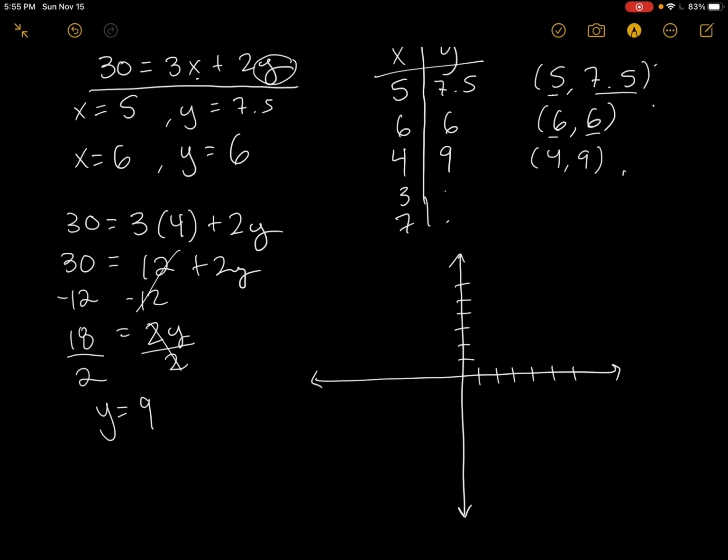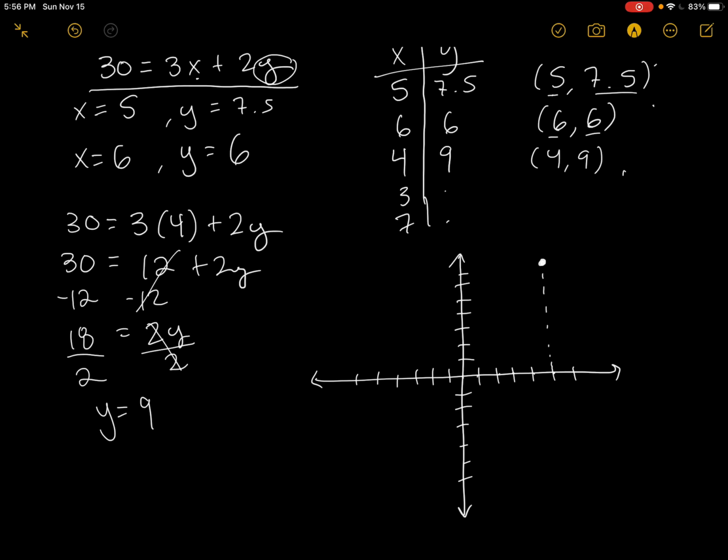So don't mind my graphs when I'm doing these lines because they will not look straight. All right, so the first point is 5, 7.5. So I'm going to go to x first, start from the origin. I go 1, 2, 3, 4, 5 to x, and then I go up 7.5. So 1, 2, 3, 4, 5, 6, 7.5, somewhere around there.